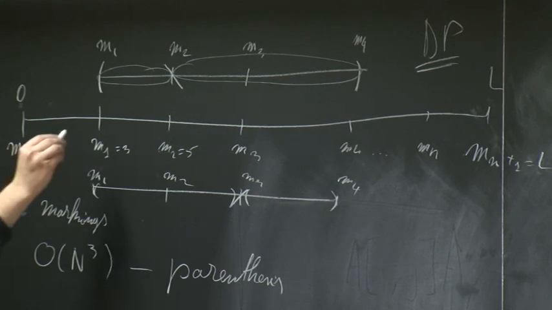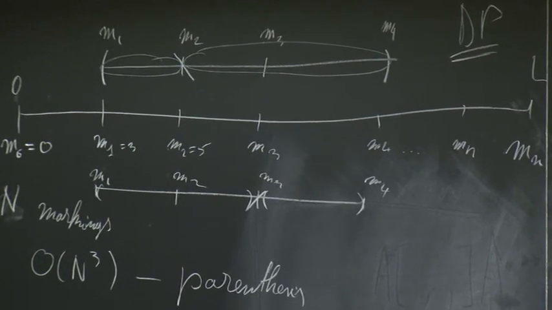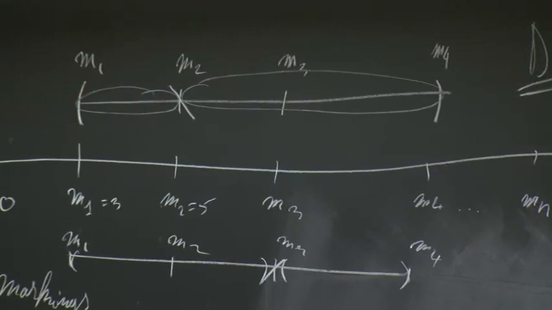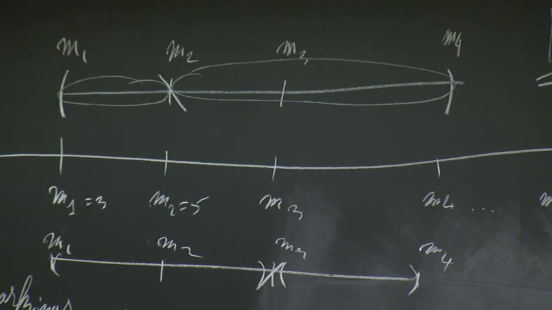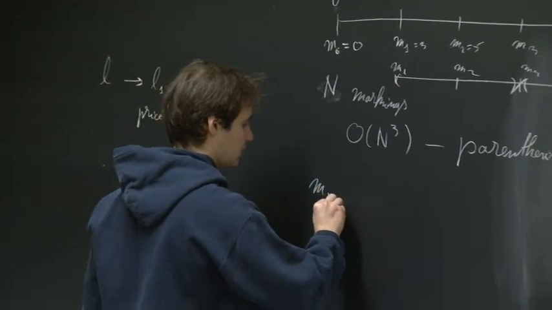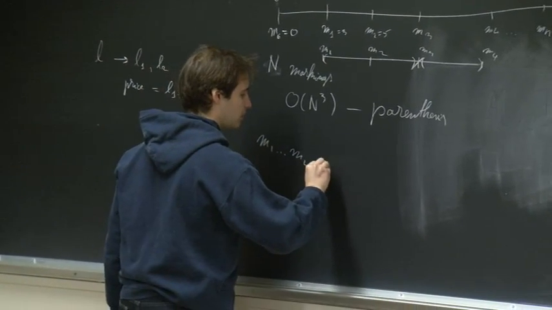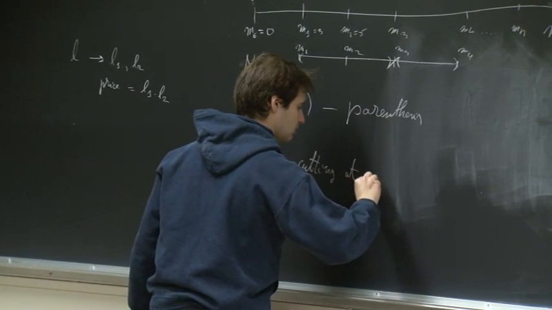So I'm iterating over all the markings inside the board. Now suppose I'm cutting it. Isn't cutting both enough? Oh, actually, never mind. Yeah, when I recurse, that takes care of it. So suppose I'm looking at M1 through M4, and I'm cutting it at M2.